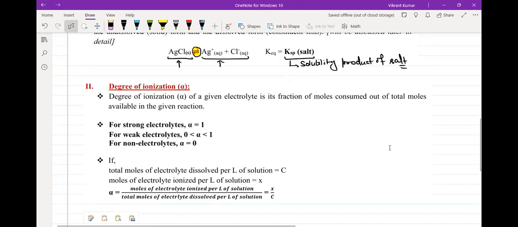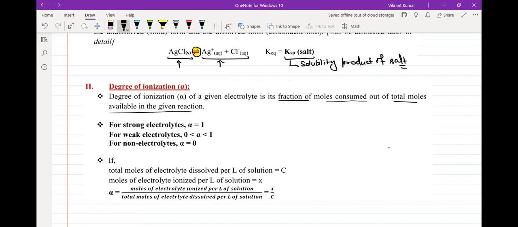So basically, degree of ionization is the fraction of moles consumed out of total moles available. ठीक है? मान लो A mole था, उसमें से X mole has been consumed, then X upon A will become the degree of ionization. In this chapter, because we are going to deal with aqueous solution most of the time, so that's why we'll be always working in terms of concentration. There is no question of partial pressure because we are not going to talk about a gas phase reaction.